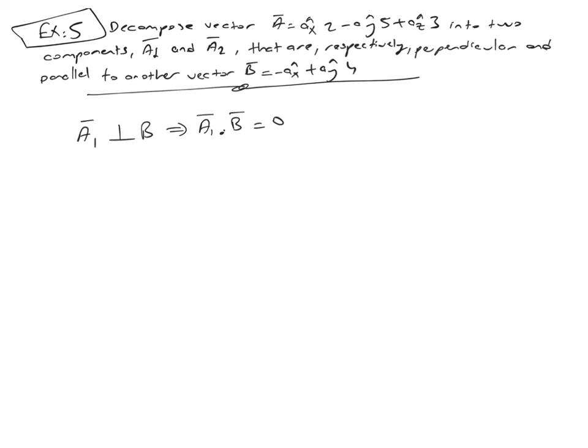And in the same way, vector A2 is part of vector A and it is parallel to vector B, then the cross product of vector A2 and vector B is equal to 0.